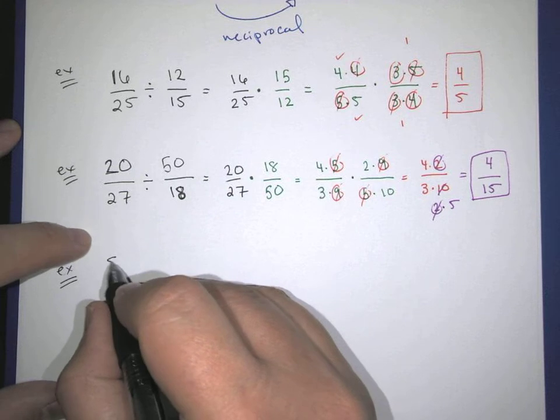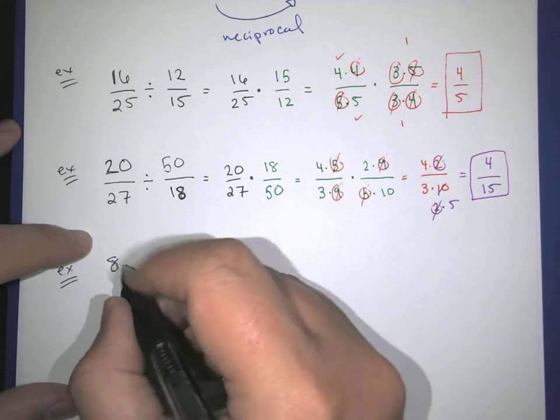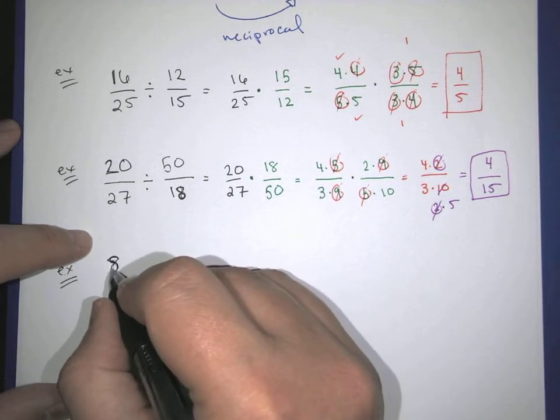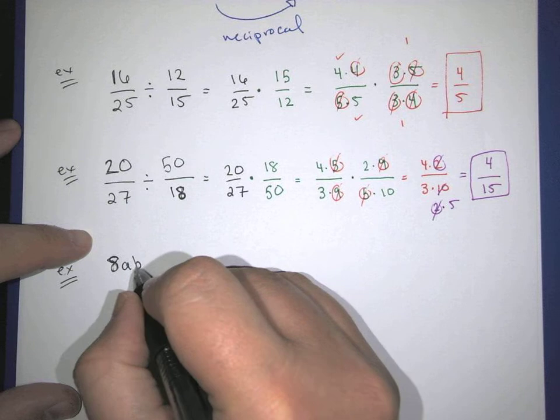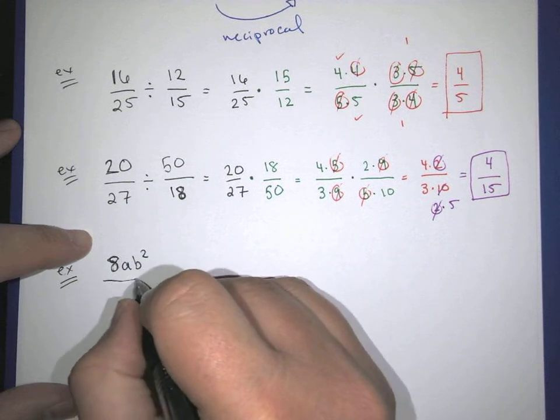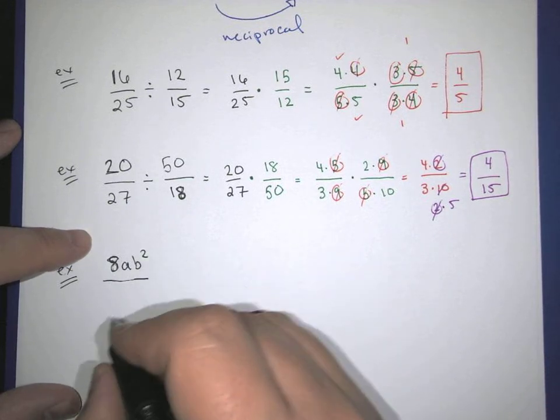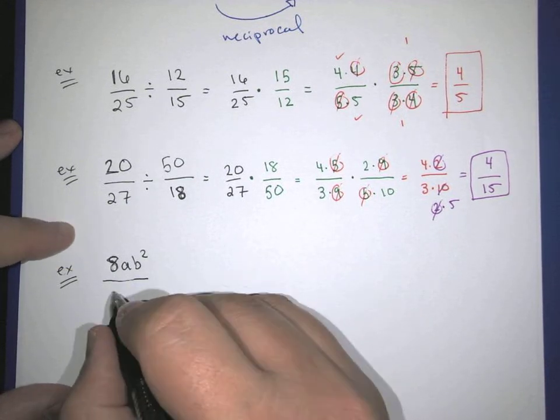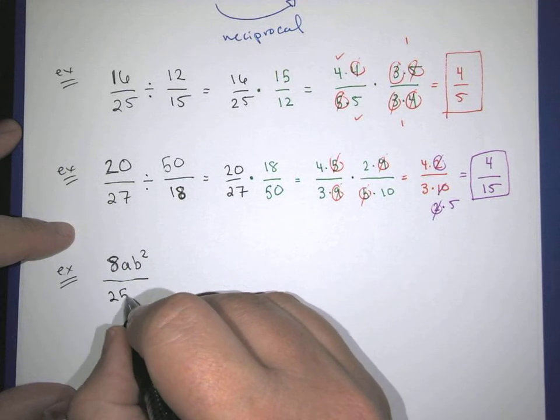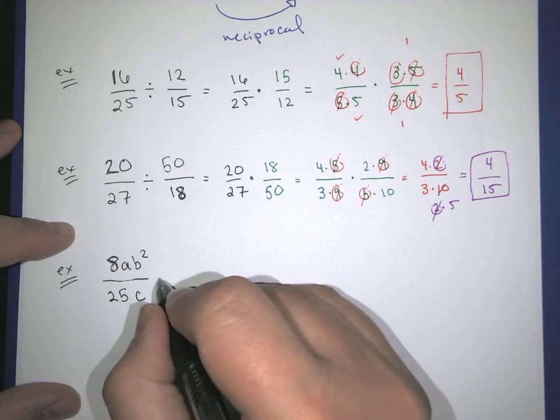Let's do 8AB squared over, I don't know, 25C.